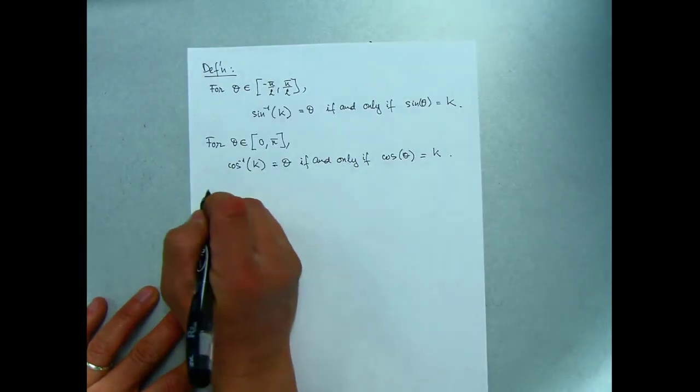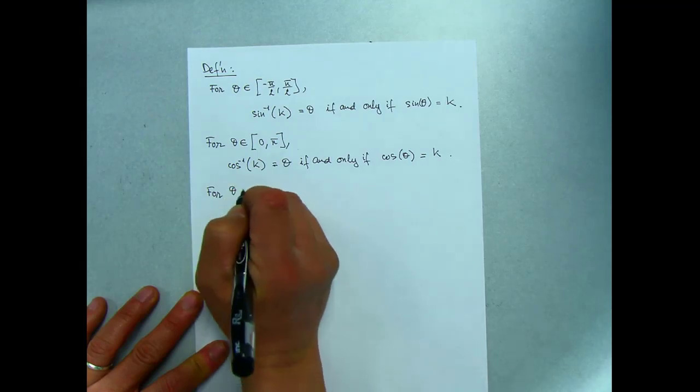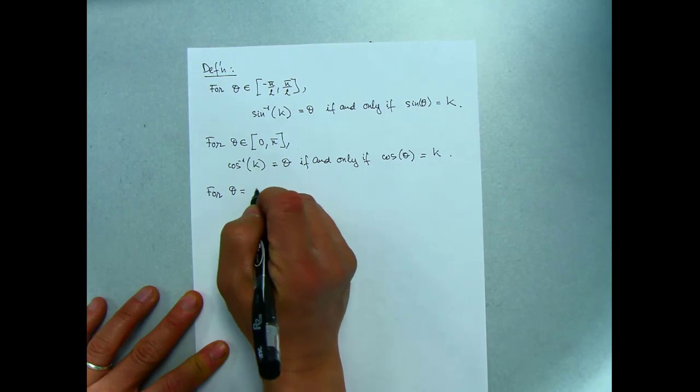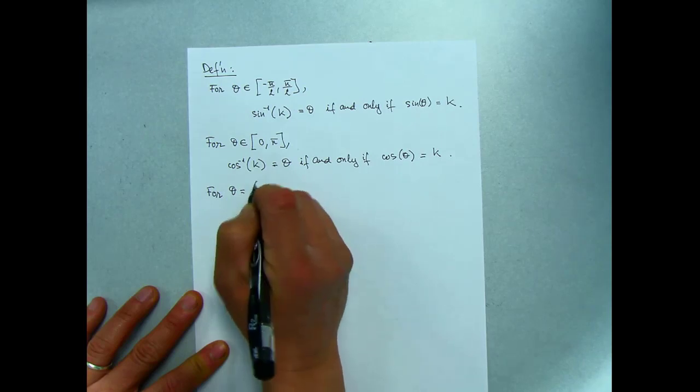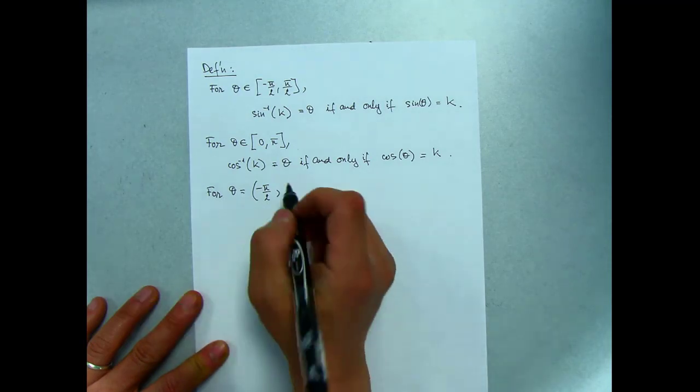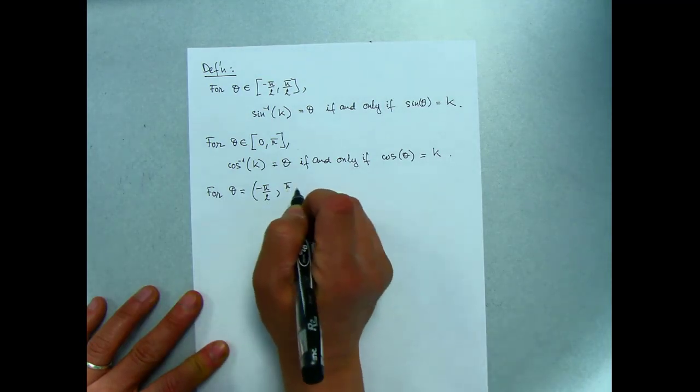Just like that, for angle theta restricted to the interval strictly between minus pi over 2 and pi over 2, not even including these, because at minus pi over 2 and pi over 2 we got an undefined tangent.